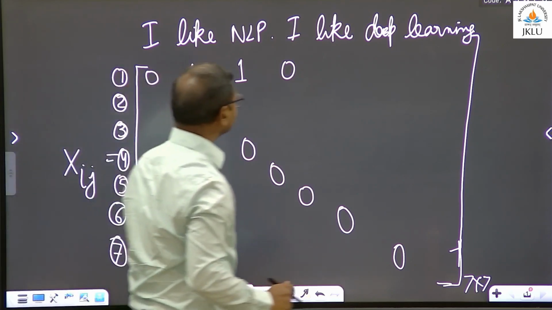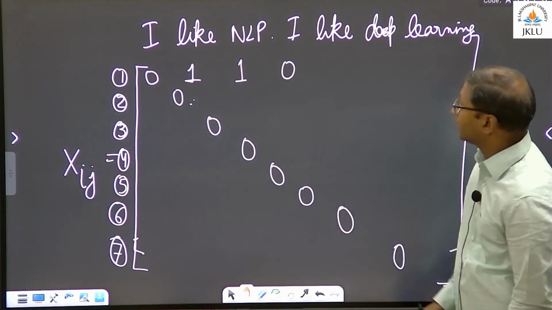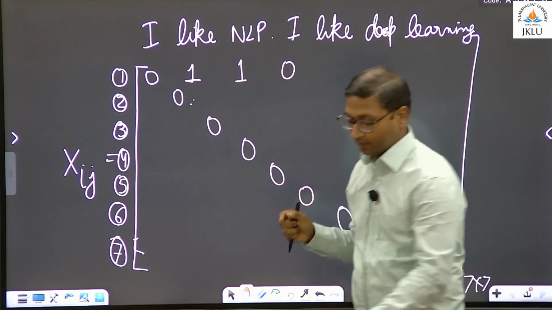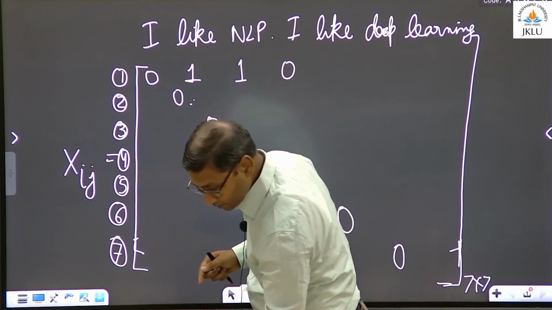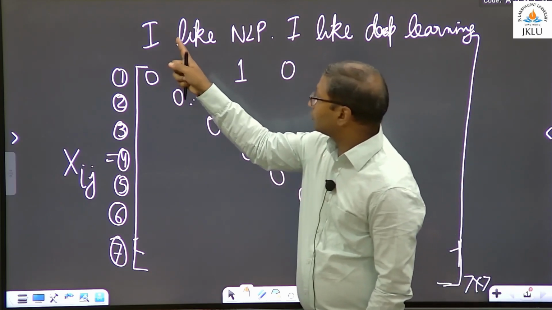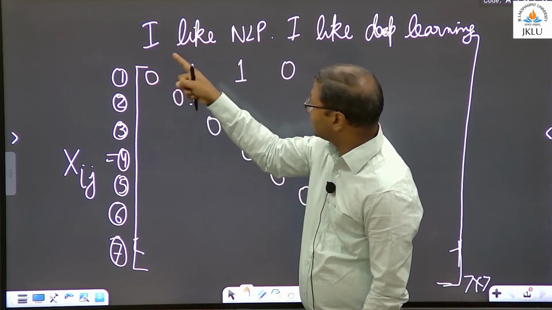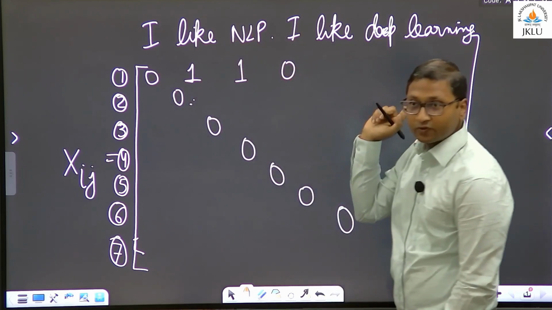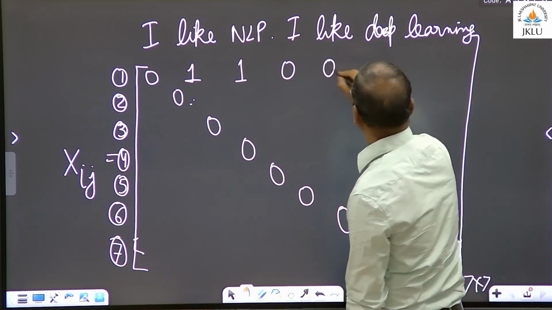So context window is 2, I 0, this one, then I again 0 here, and the rest of these will be 0.